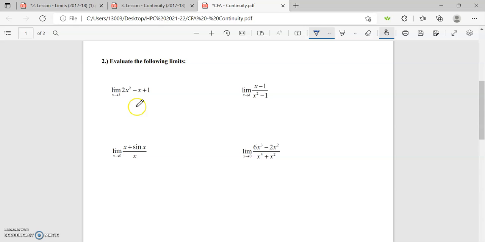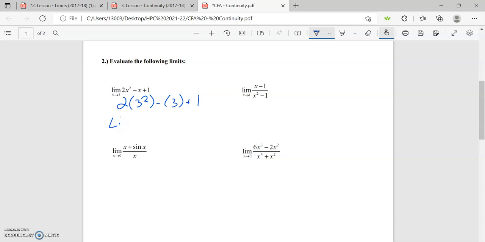If we get a number, then that number is our limit and we're done. So let's try that. Example 1, 2x squared minus x plus 1. We're going to plug that in: 2 times 3 squared minus 3.